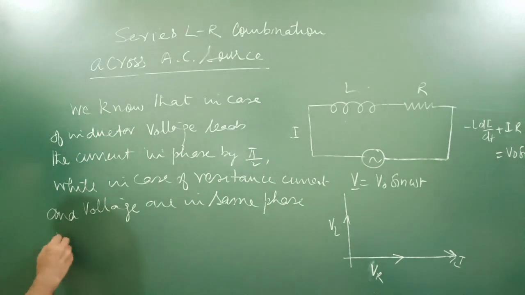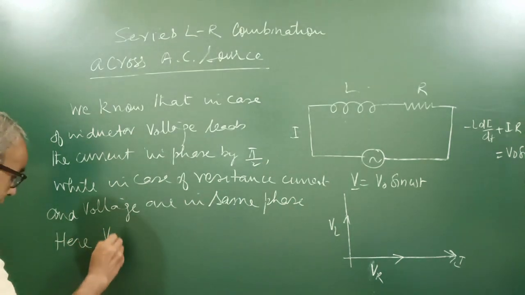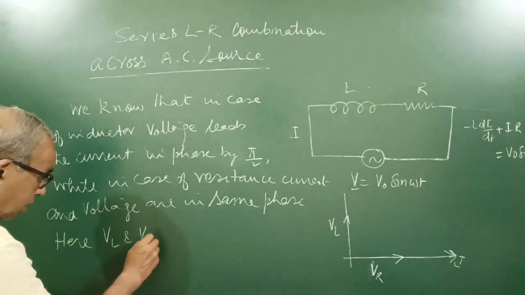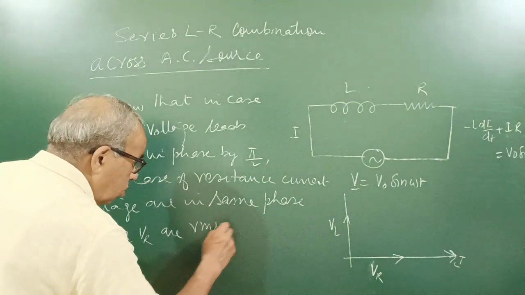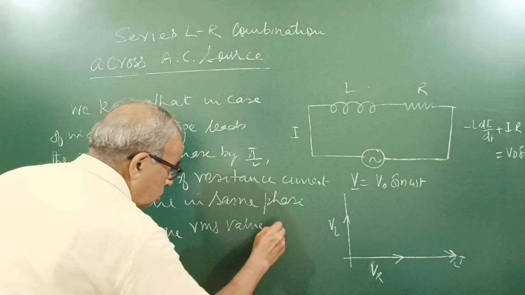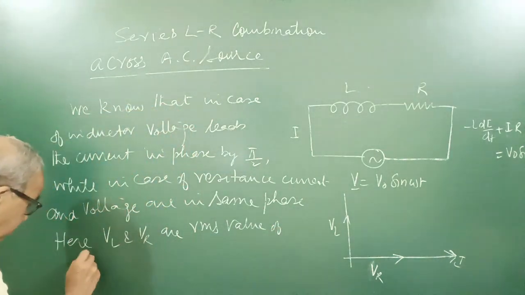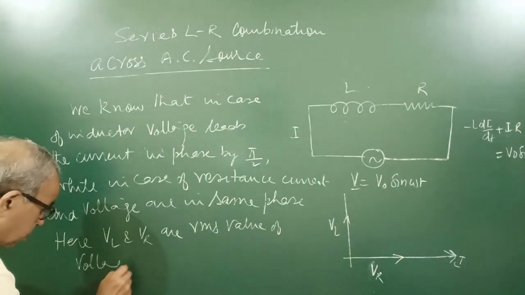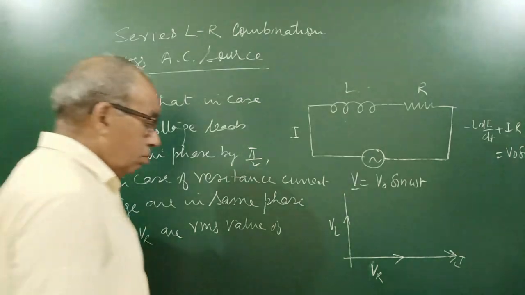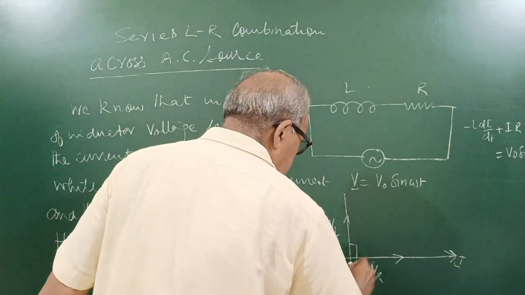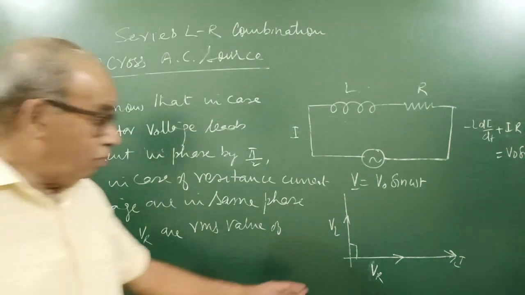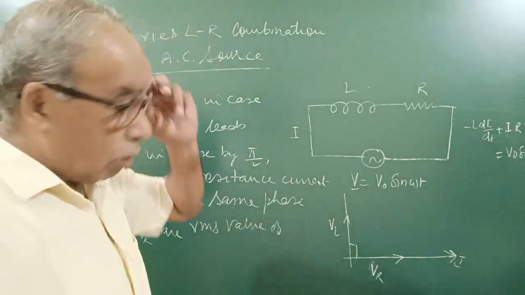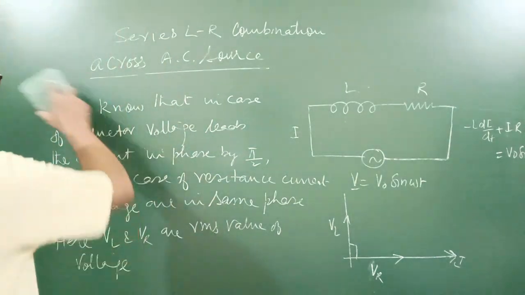Here I write VL and VR are the RMS values of voltage which have a phase difference of 90 degrees, means their directions are at 90 degrees from each other. If we are in the east, then we are along the north.